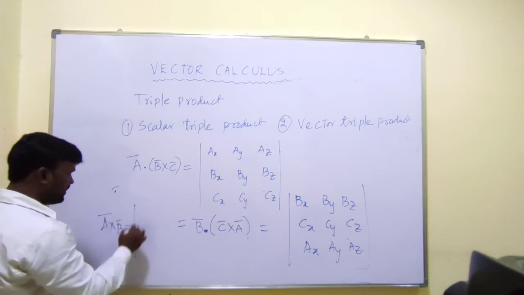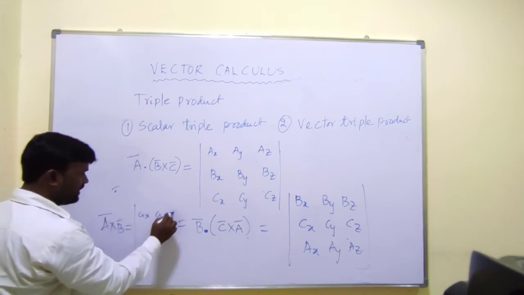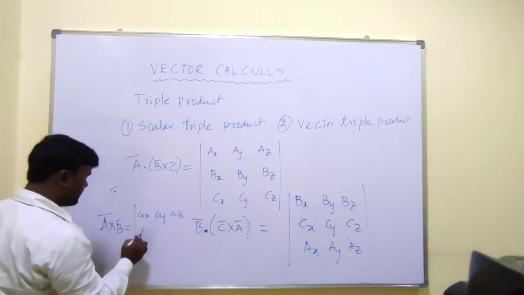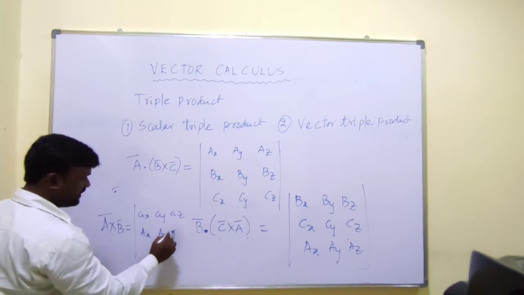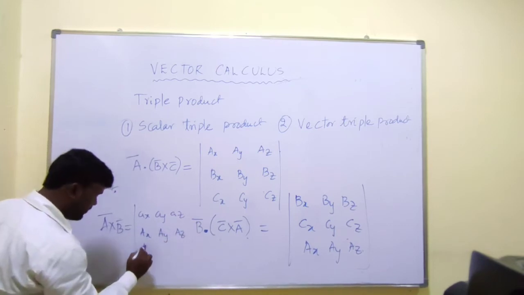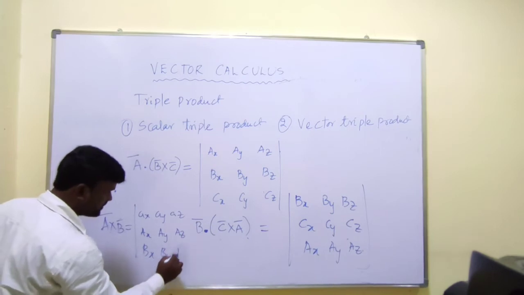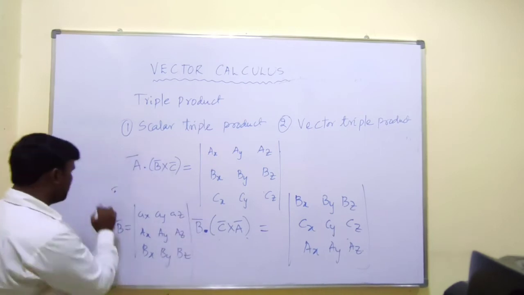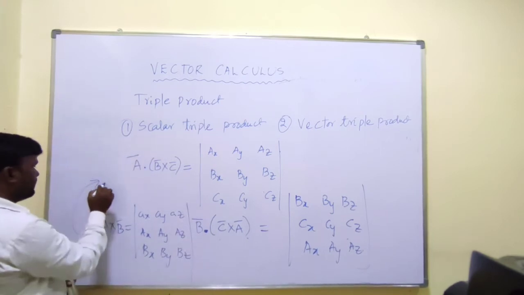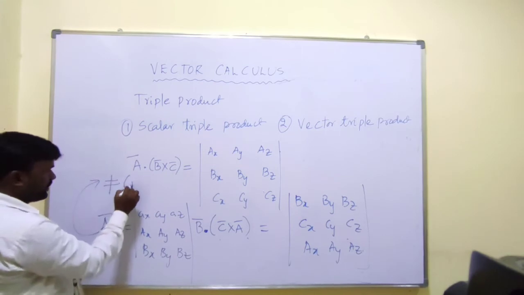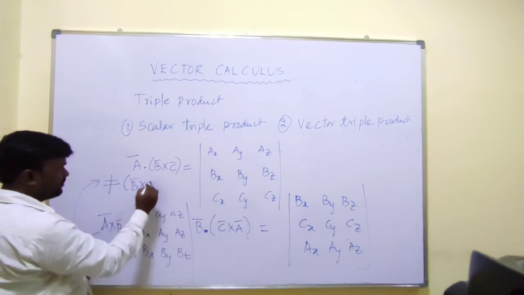Of course, in the case of a bar cross b bar, the scenario is different. Here we have ax, ay, az as the first row, then ax, ay, az, and bx, by, bz. It is not equivalent to b bar cross a bar. Why?